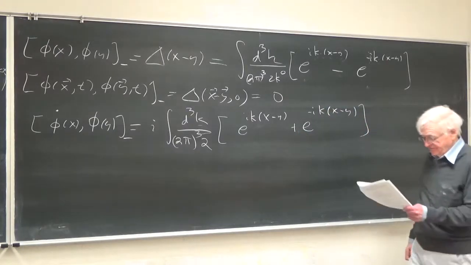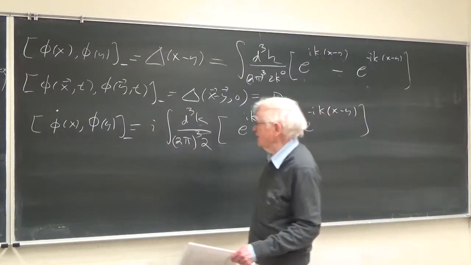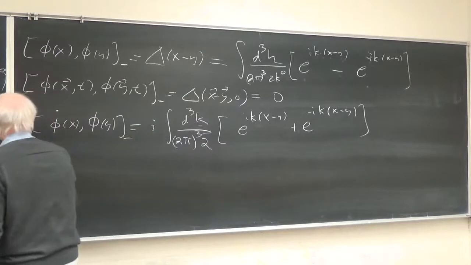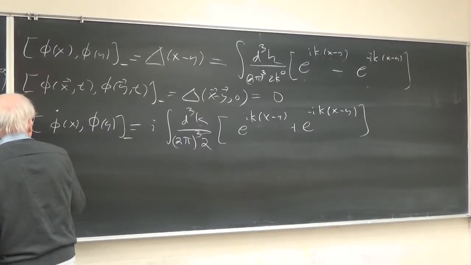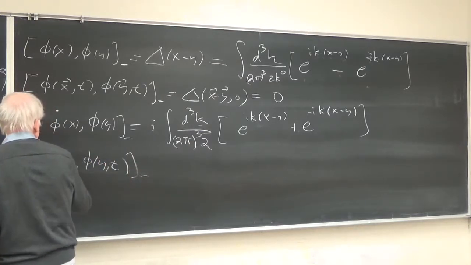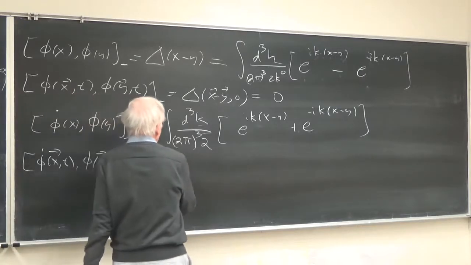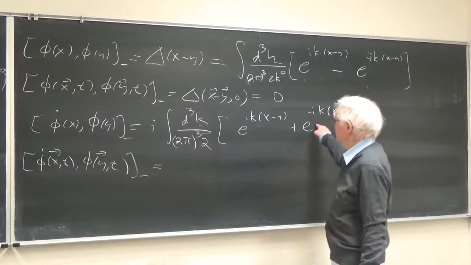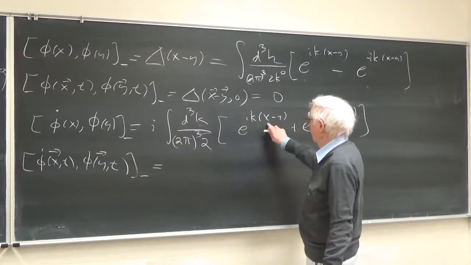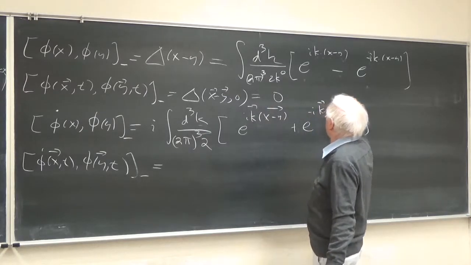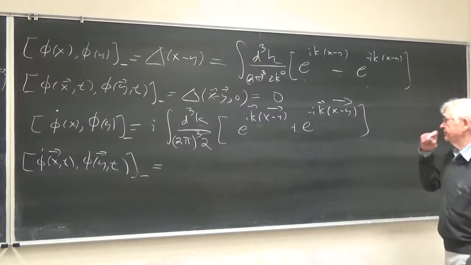And now, if we're talking about equal times, so in other words, we have the commutator of phi dot of x and t with phi of y and t, space part for the x's and the y's. Then you see these two terms cancel. X and y are at equal times, so these are just space vectors.